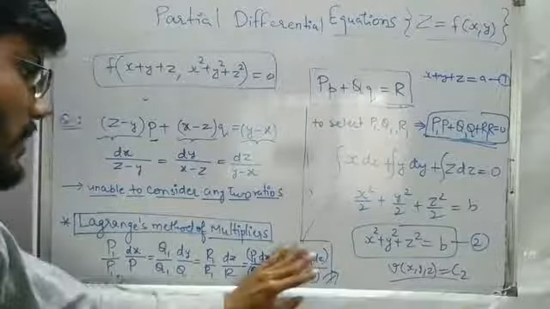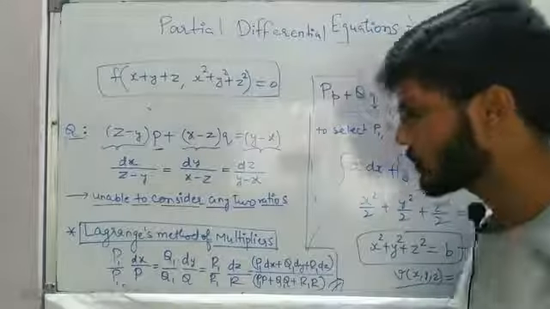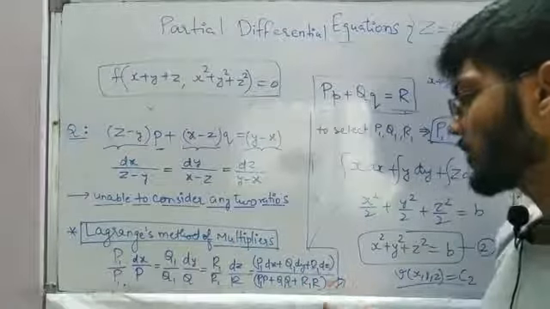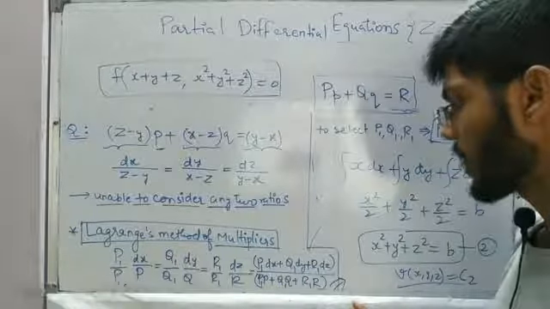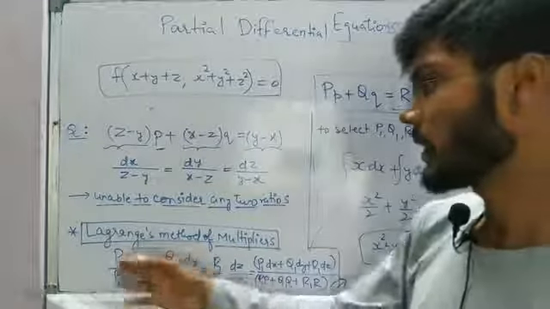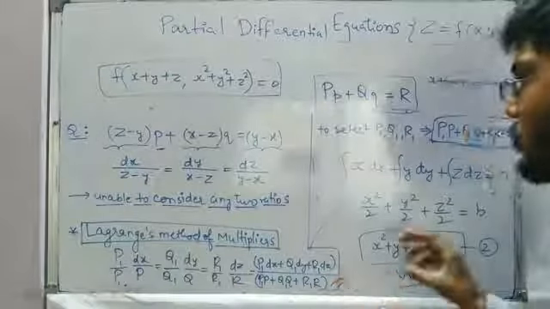So in the previous case we had the equation till here only; we had only these three equalities, but now we have one more equality as p1 dx plus q1 dy plus r1 dz divided by p1p plus q1q plus r1r.